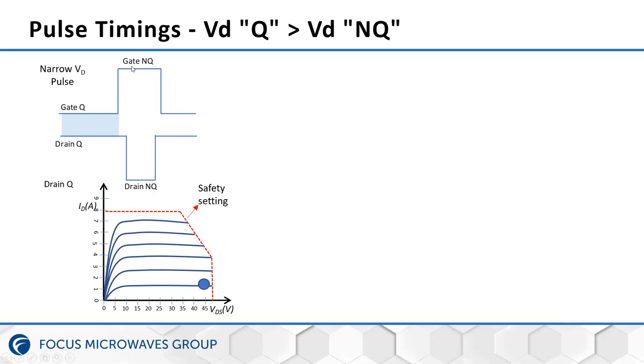If the gate non-quiescent turns on first, it means we will jump on to a higher gate value, and there could be certain conditions where we are beyond the safety settings of our system. This is hazardous for the device. This can destroy the device. So this is, of course, not something that should be done.